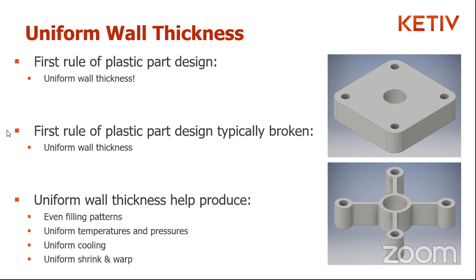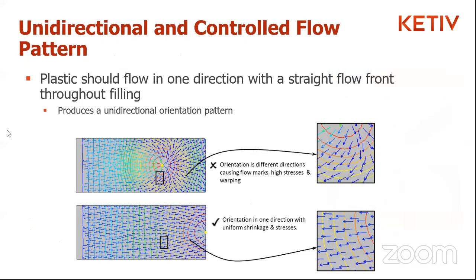Yeah. Okay. Like you said, right? Simulation is something that will help you understand these things beforehand, and sometimes it also helps you understand things that you simply don't see in a physical part. You can look at the effects and trace them back to the cause, but why do that when you can directly look at what's happening? So one of those things is a controlled and unidirectional flow pattern.